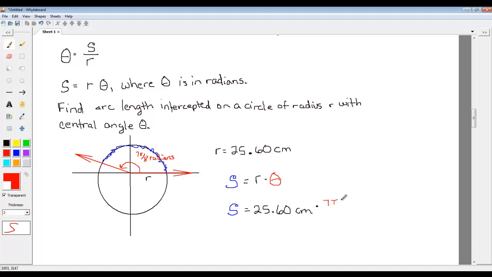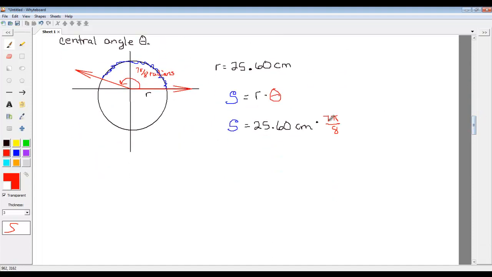Now remember, 7 pi over 8 can stand alone. It's a pure number. So when we multiply here, we're multiplying centimeters by some pure number, the answer is going to be in centimeters. You're going to find the arc length has the same unit of measure as the radius does. Let's go ahead and work that out.